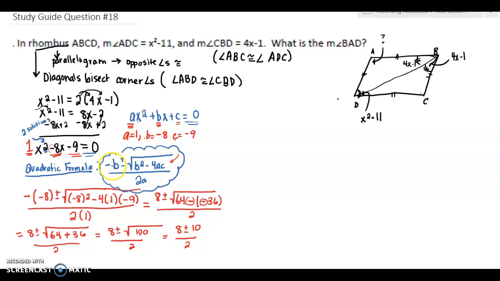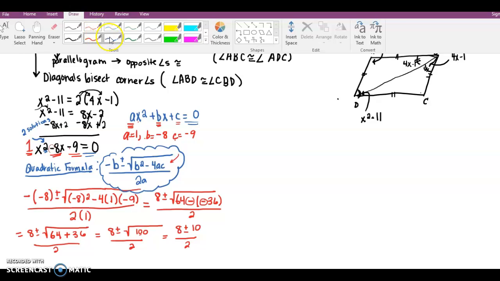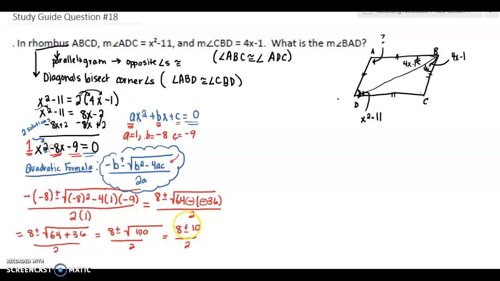Now let's go back to where I said we have two solutions. Let me get a different color here. Two solutions. One of the solutions is with a plus, the other is with a minus. So I'm going to come back up here. One of them would be 8 plus 10 over 2, and the other one would be 8 minus 10 over 2.